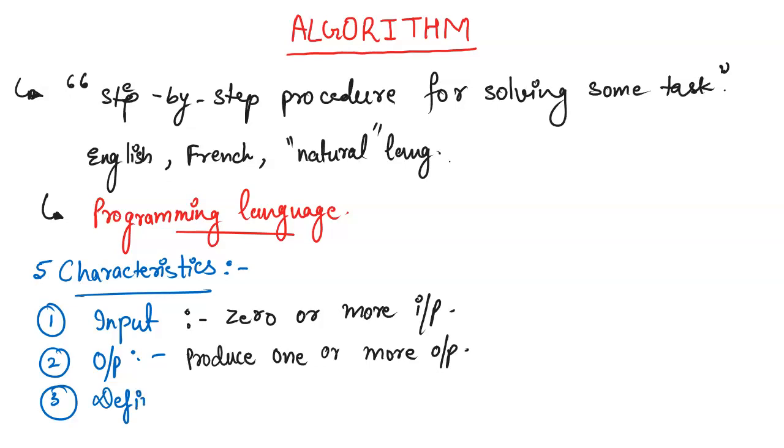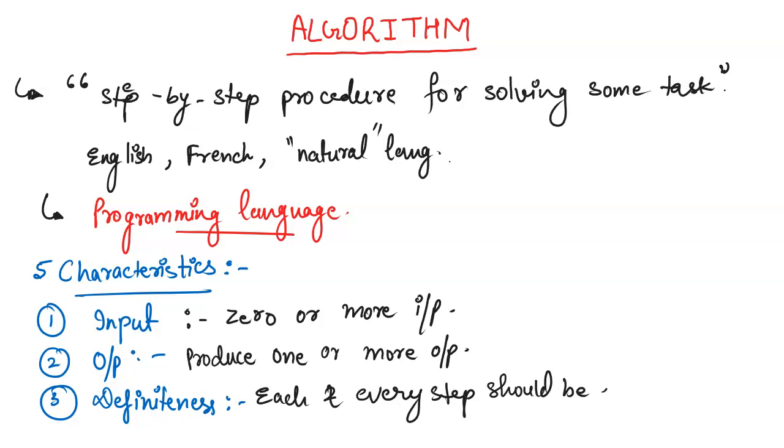And the third characteristic is definiteness. So this is basically each and every step of the algorithm should be defined.